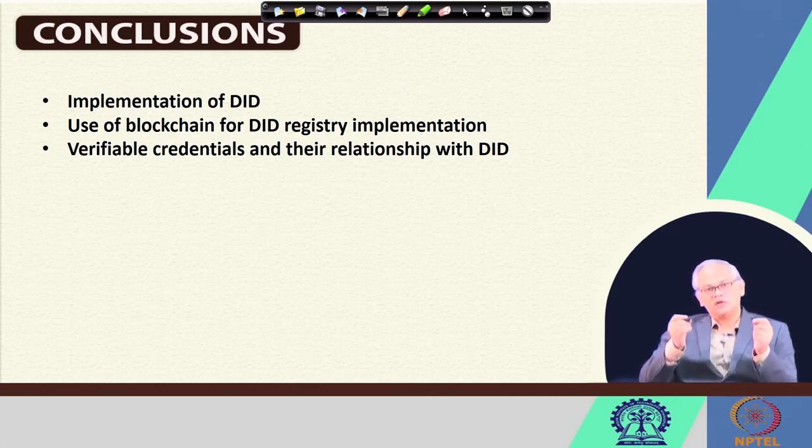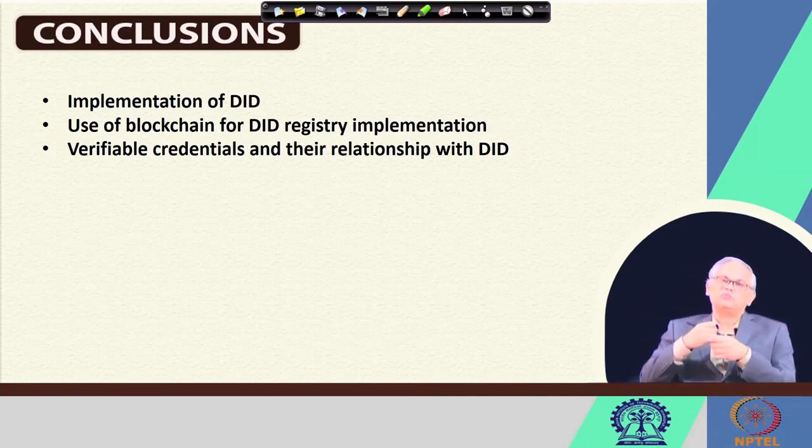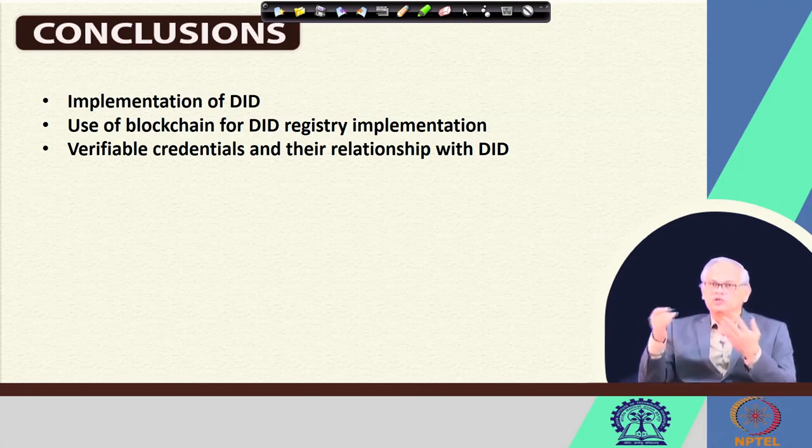And indeed we mentioned that Sidetree and Hyperledger Indy are different blockchains which can be used, and we have also mentioned that we will have more discussion in the tutorial on Hyperledger Indy, which will follow this lecture after some time.